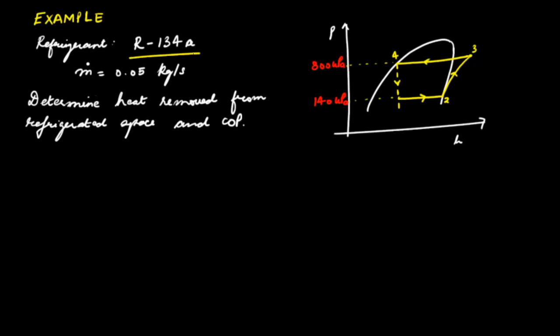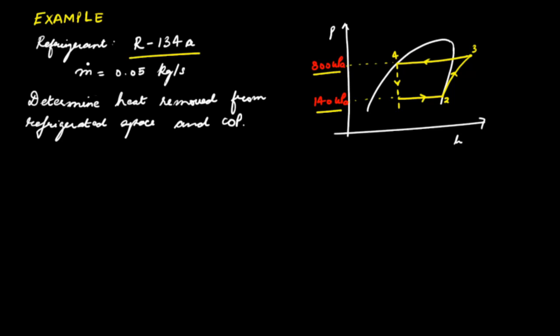Consider that the refrigerant enters the evaporator at a pressure of 140 kilopascals and enters the compressor at a pressure of 800 kilopascals. The mass flow rate of the refrigerant is 0.05 kilogram per second.